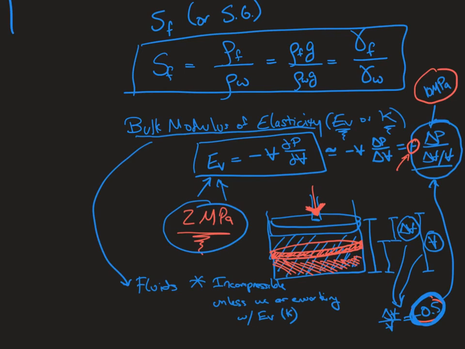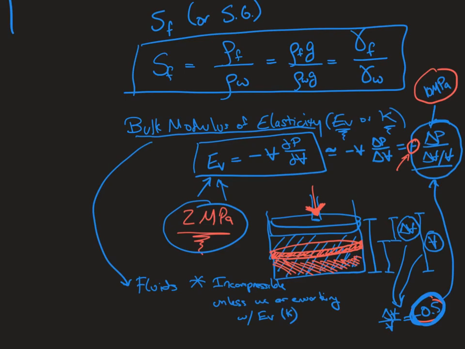We are not going to deal with compressible flows in this class, so don't stress about compressibility. We might have a problem here or there where we say, if the bulk modulus is this number and you change the pressure by this much, how much does the volume change? So that's about the extent of what we'll do there.